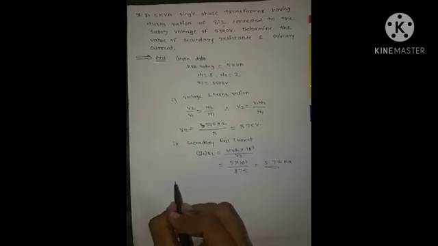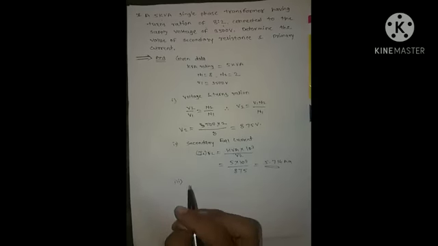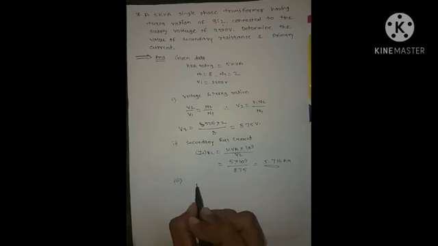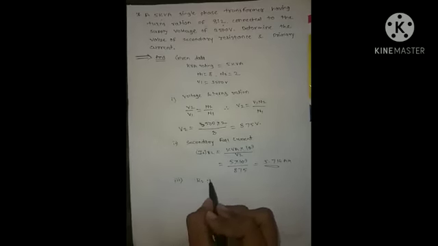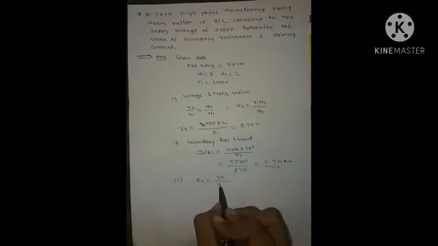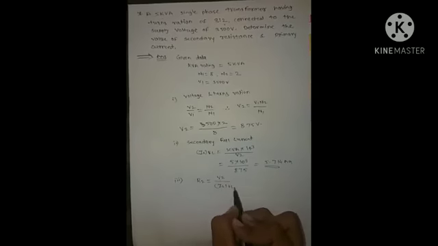After that, we have to calculate load resistance. So the formula for the load resistance is R2 equals V2 upon I2 full load.